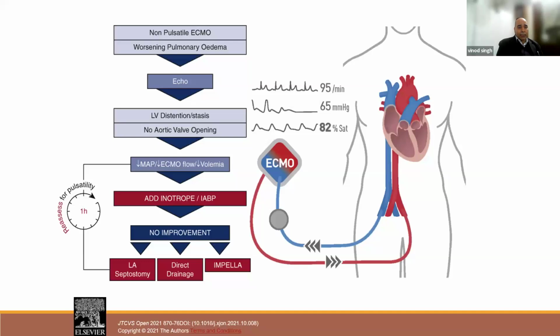Increase the additional inotropic support, apply the IABP. If there's no improvement, you can go for atrial septostomy. You can go for direct drainage of the LV, or you can apply an Impella. So these are the different options you have to manage the pulmonary edema and LV distension in a patient who's on ECMO.